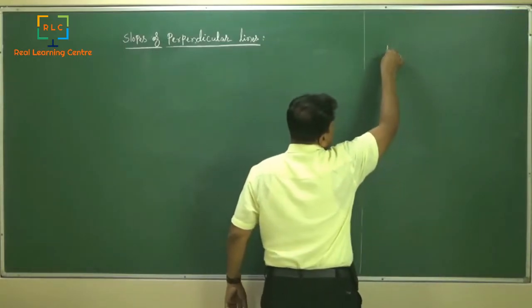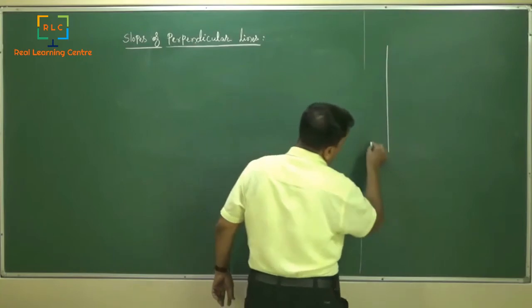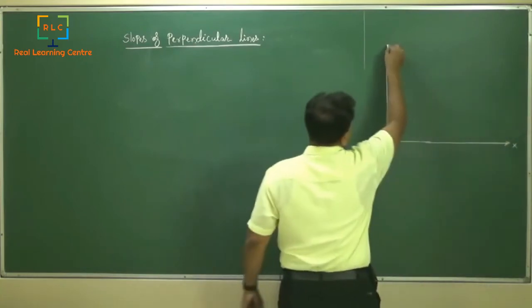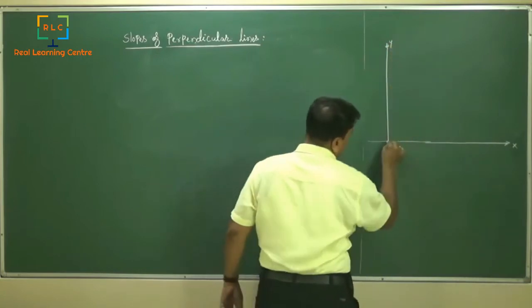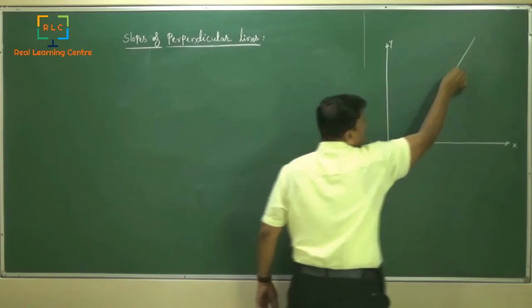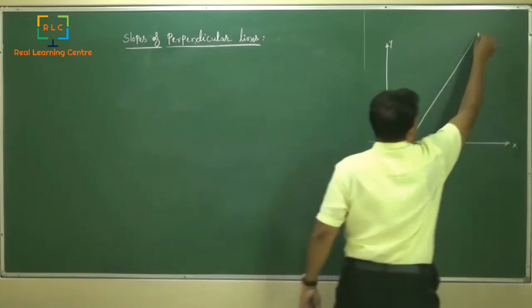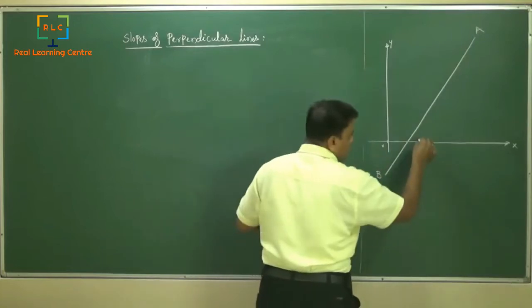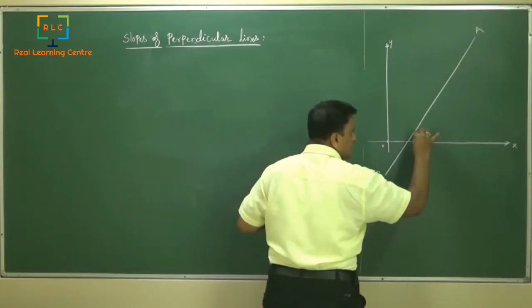Consider this is the y-axis and this is the x-axis. Let us take first this line AB, and assume that its inclination is theta.